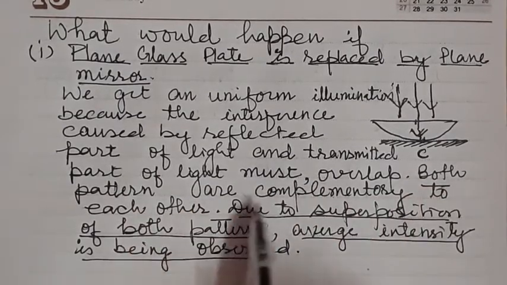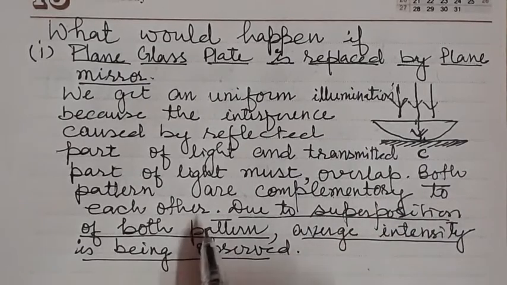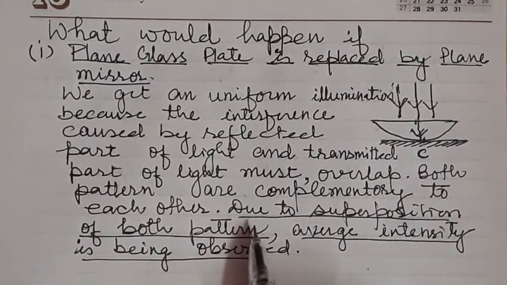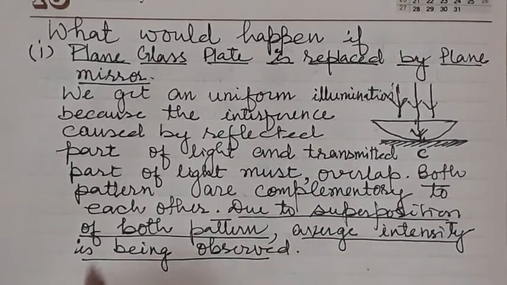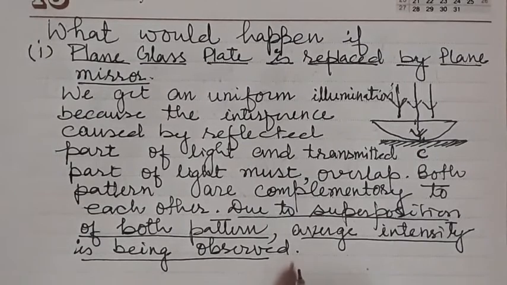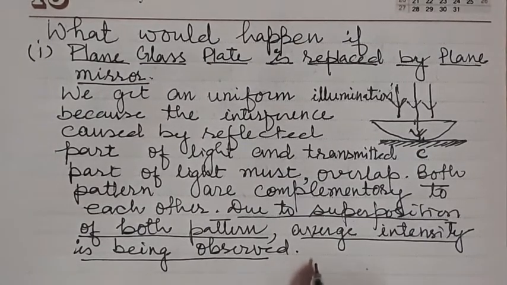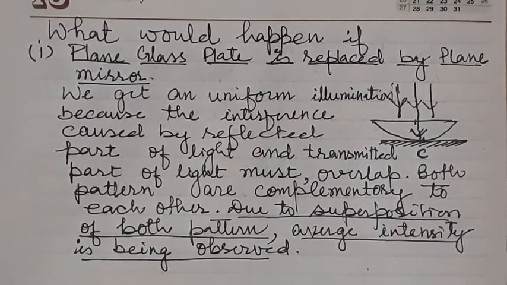Both patterns are complementary to each other. Therefore, due to the superposition of both patterns, average intensity is observed, meaning we observe uniform illumination, and that is a very important problem.